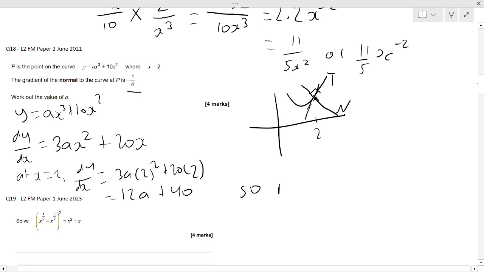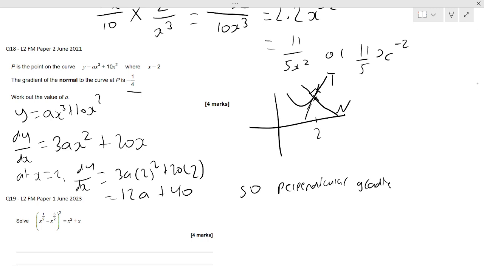So, perpendicular gradient of minus a quarter. Well, that's going to be the negative reciprocal. So, negative of a negative is a positive, and then we take the reciprocal, so it's going to be just positive 4, isn't it? Because you flip the fraction, so it'd be 4 over 1, which is just 4.